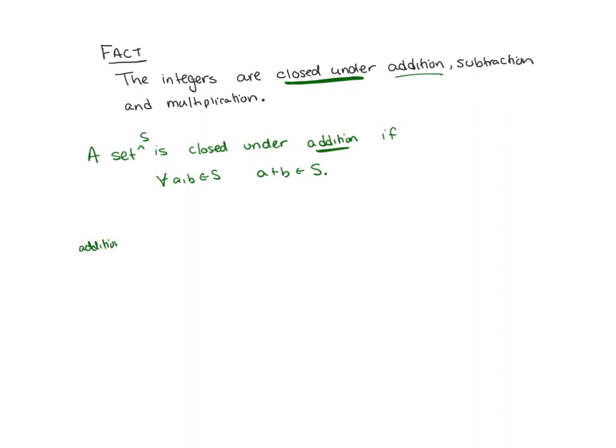If A and B are integers, so is A plus B. The fact that they're closed under subtraction means that if A and B are integers, then A minus B is an integer, and for multiplication, if A and B are integers, then so is A times B. Again, this is a fact that we're going to use in our proofs.